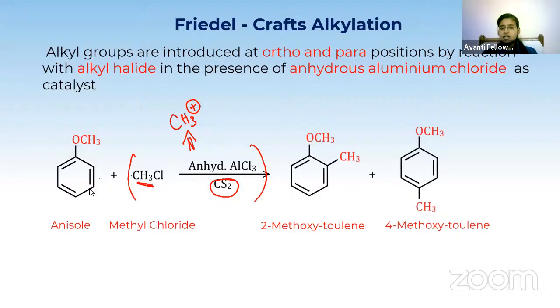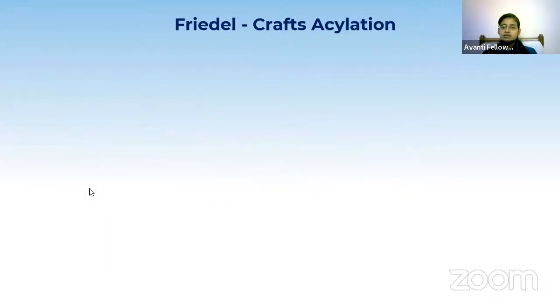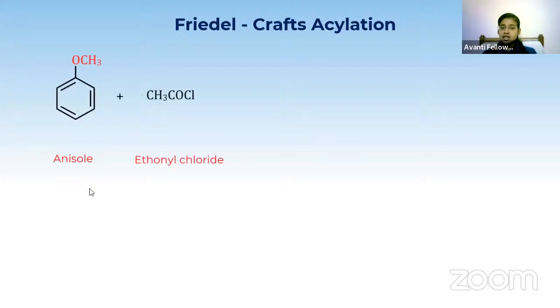All right. Now going ahead with the next reaction, which is called Friedel-Crafts acylation. Here you have to take the anisole and treat it with acyl chloride. The acyl chloride that I'm going to take is ethanoyl chloride, CH3 C double bond O Cl. We have two carbons, right?